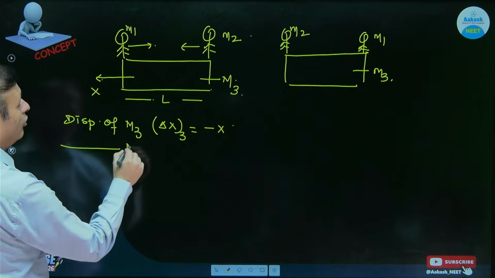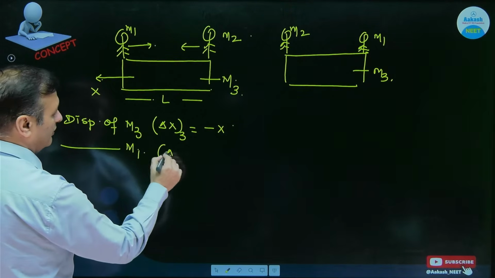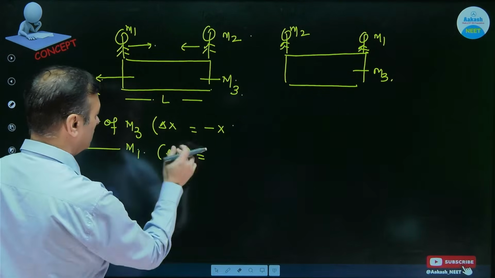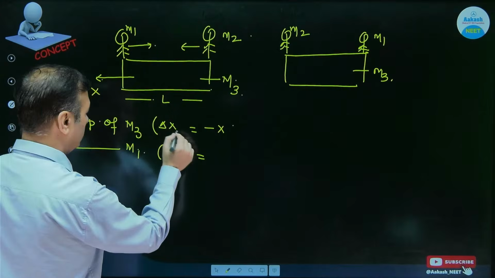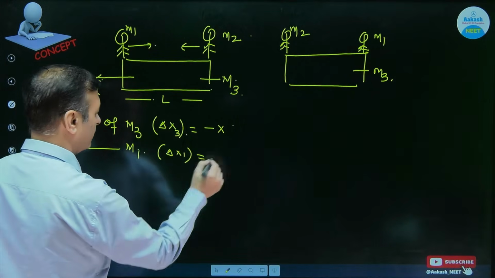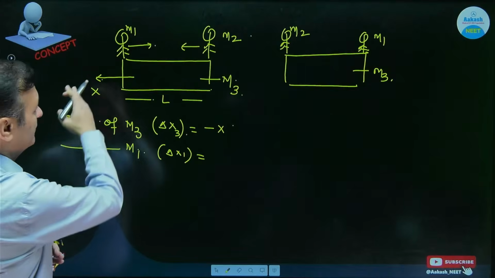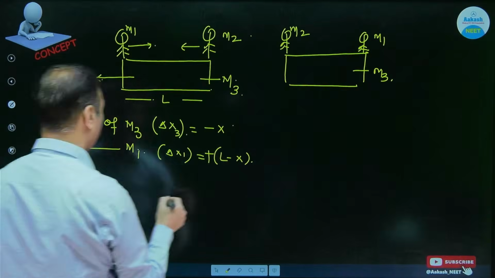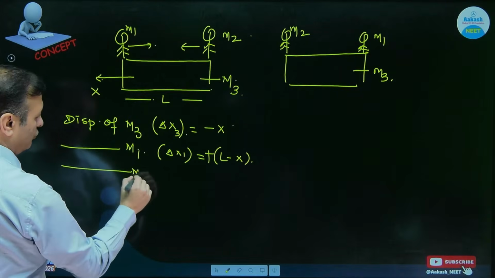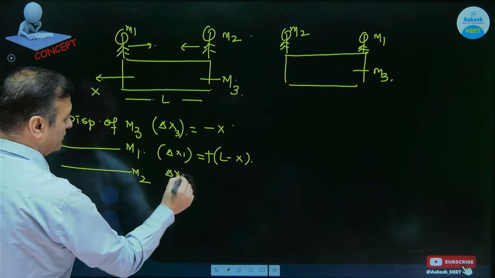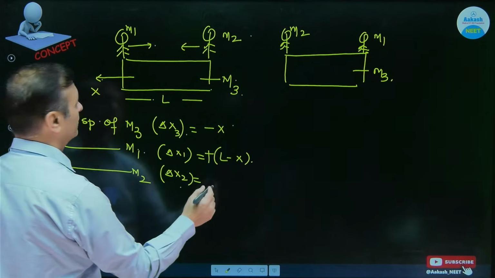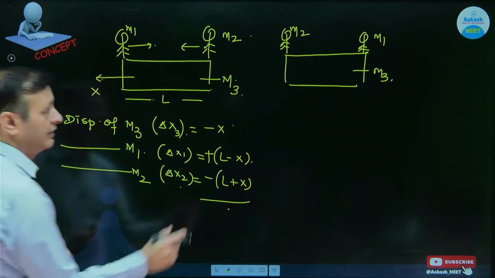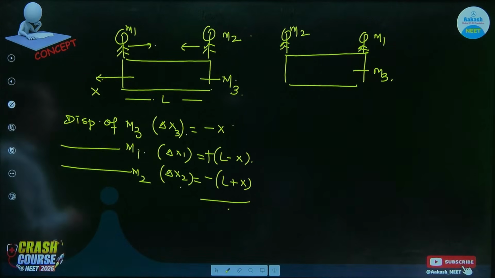The displacement of m1, we call it delta x1, is L minus x towards the positive side. For m2 the displacement, suppose delta x2, is L plus x, and that too is on the negative sign. You got it or not?